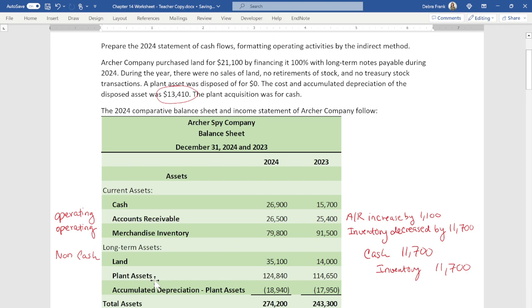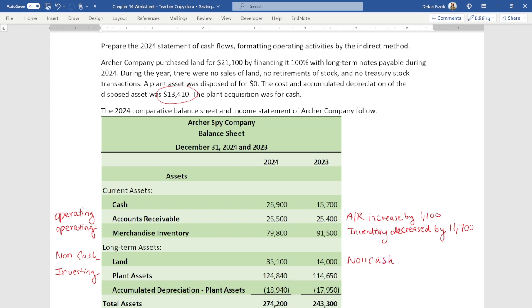So these plant assets, that is investing. So let's go ahead and label that so we know. So that's what we're analyzing. Let's erase this journal entry. We don't need that anymore. All right, and we know that this was non-cash. As we go down, so we don't forget, we accounted for everything.